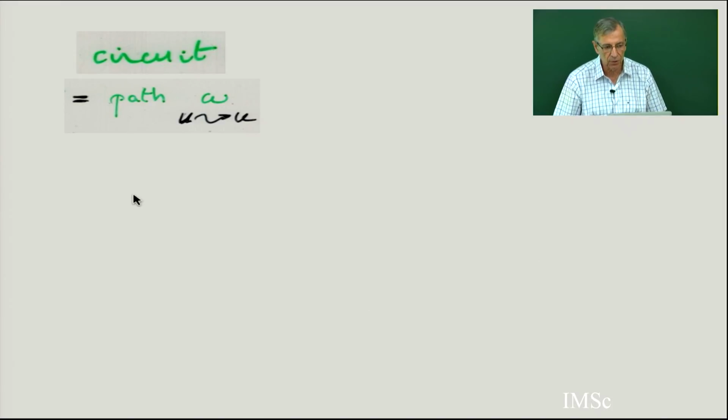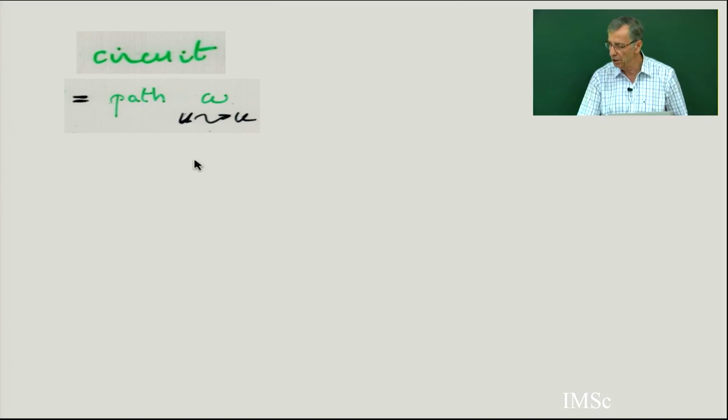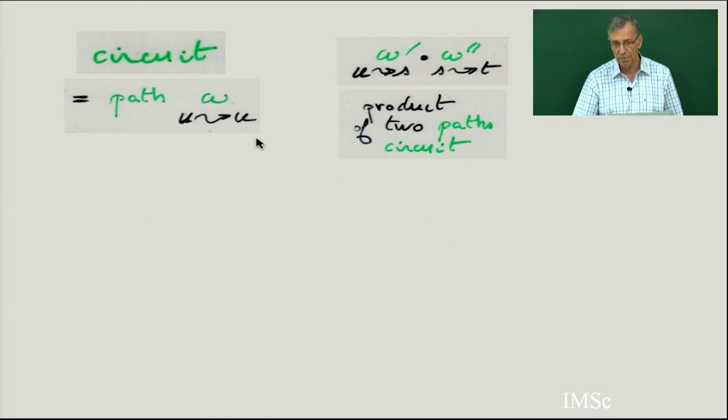So let's do the definition. First, a circuit, I remind you, is a path. For me, it's a path omega going from u to u. The starting point is u, the ending point is u. This is a circuit. Sometimes in graph theory they call it a cycle, but for me it will be a circuit. It's a closed path. The origin and ending point are the same, and I can make the product of two paths by concatenation. You go from u to s, and then you go from s to t.